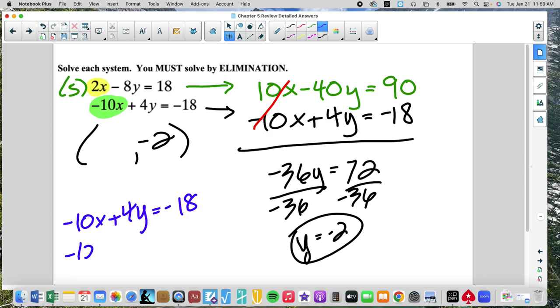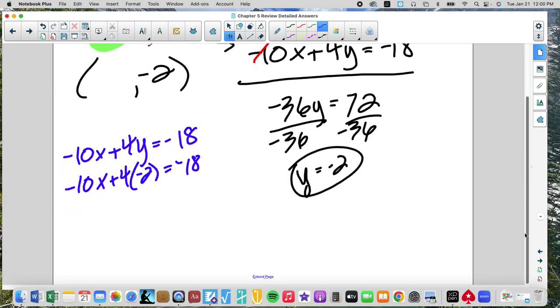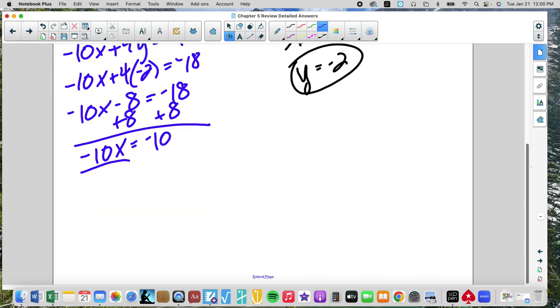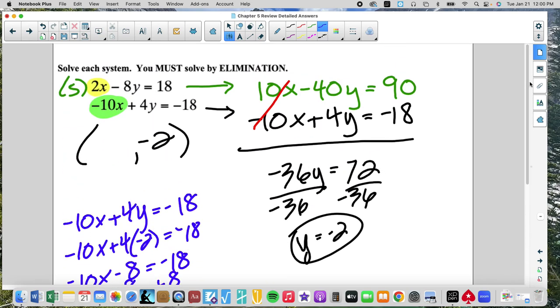I'm going to take my y value and plug it in for y, and I'm going to simplify. Negative 10x minus 8 equals negative 18. Add 8. This is a 2-step equation. We should be very familiar with this. Divide by negative 10, and we get x equals 1. So the solution is going to be 1 comma negative 2.